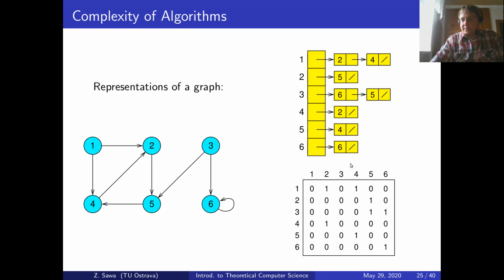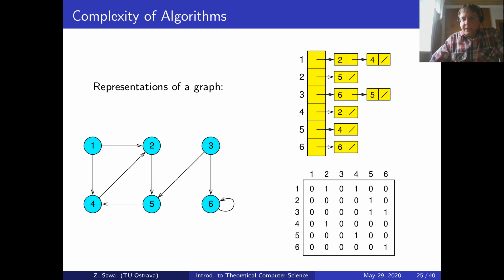On the other hand, the size of this matrix would always be n times n, and it does not matter how many edges there are. Even if there were none, I would need n squared bits of memory.